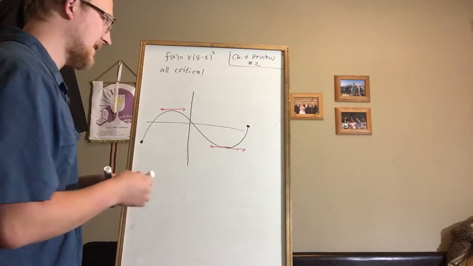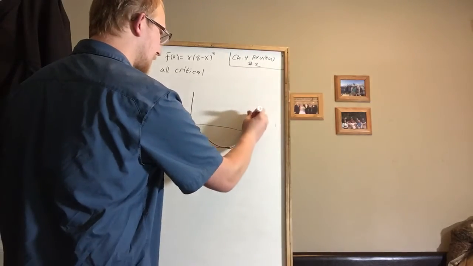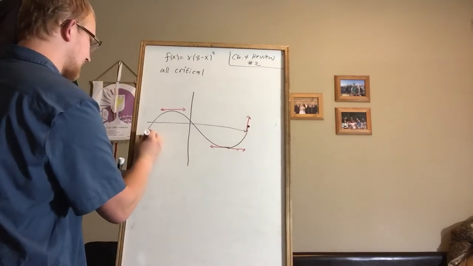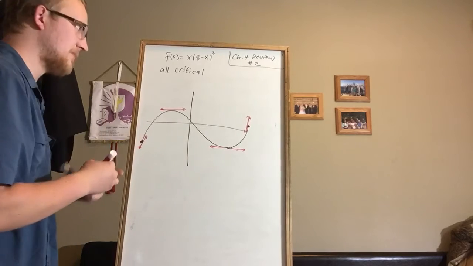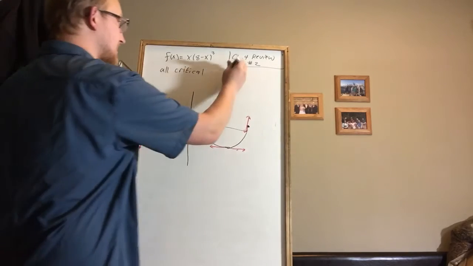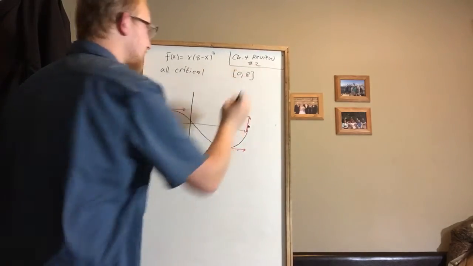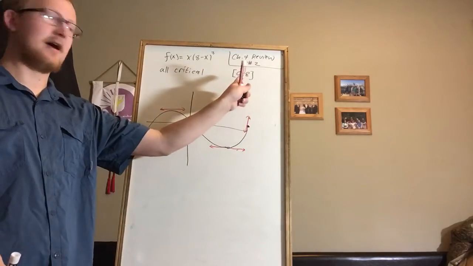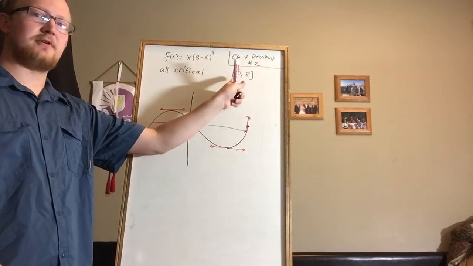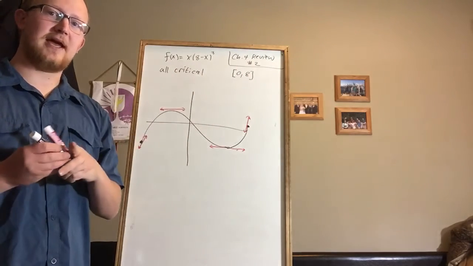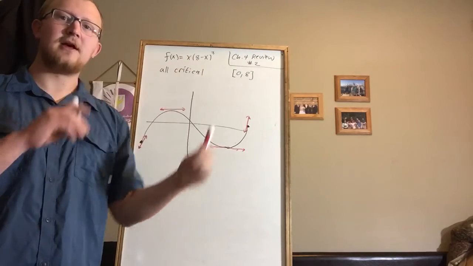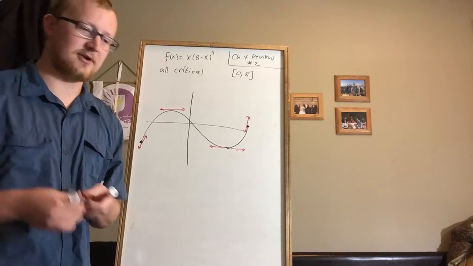You'll notice that these endpoints' slope is not necessarily 0, like the other extrema. So if there was some sort of interval, like say from 0 to 8, you would always have to figure out what kind of extrema 0 was and what kind of extrema 8 was, because if there's an interval, the endpoints are always going to be extrema.